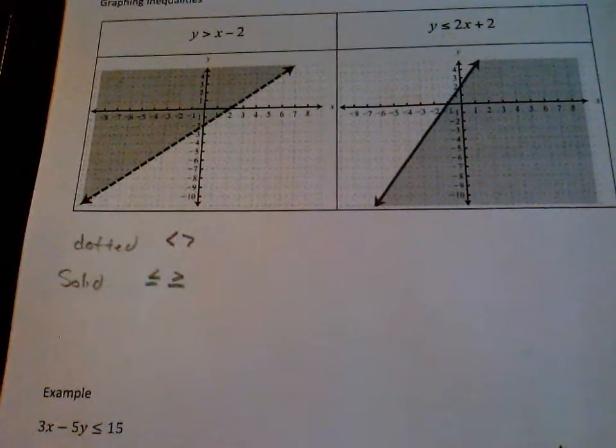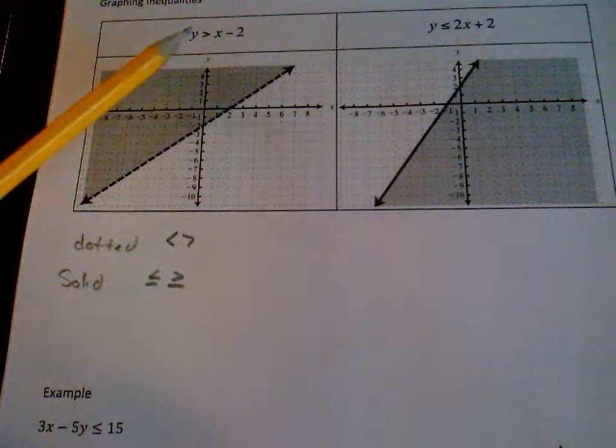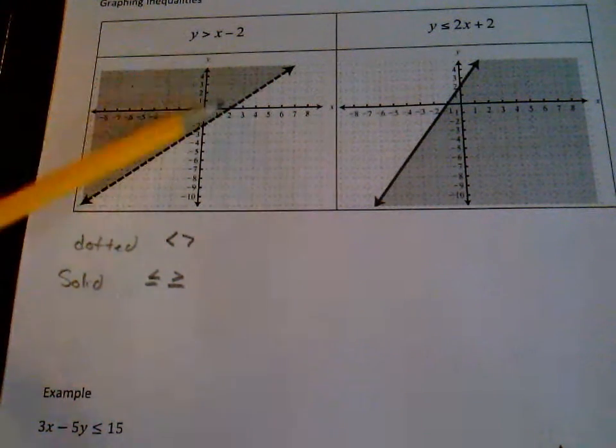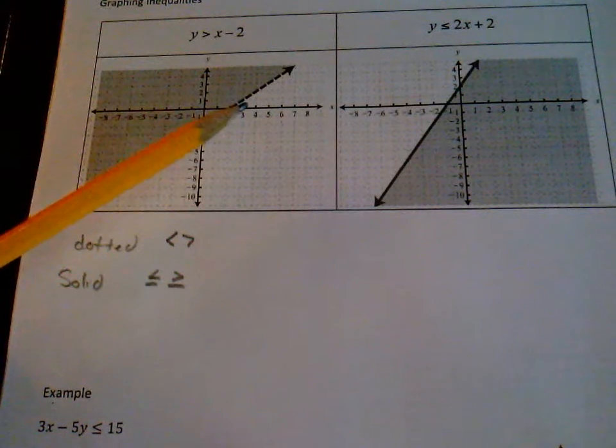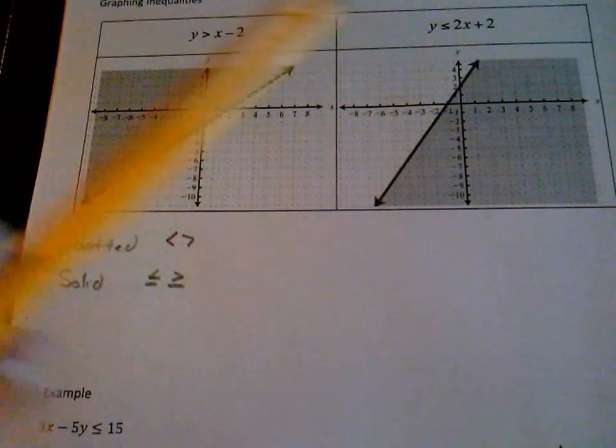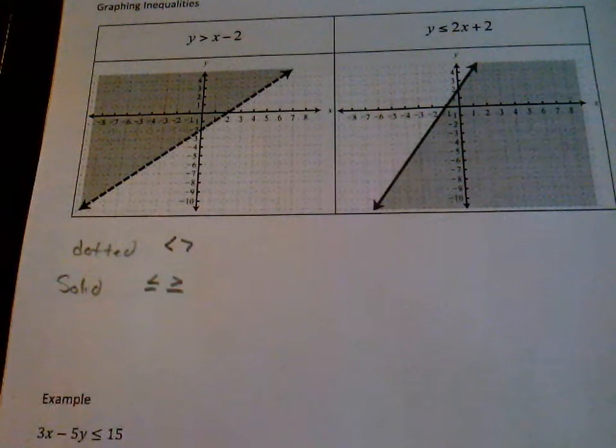What you also know about inequalities is that when you graph these, you have a side shaded. So that means that there's not just one answer, there's a multitude of answers. So that's why we had to shade.